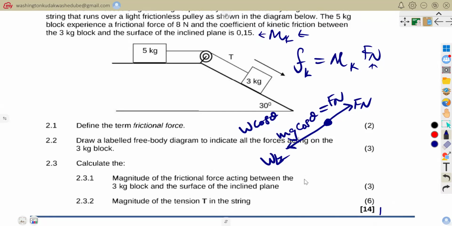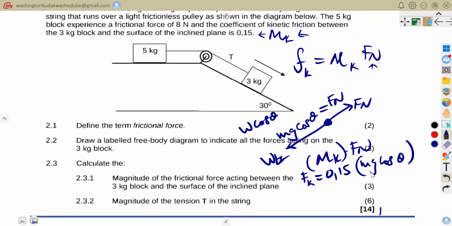So the frictional force Fk would be equal to 0.15, your kinetic coefficient of friction, times your normal force. Your normal force here would be mg cos theta, where our mass is 3 kg, times 9.8 times cos 30. And then this will be multiplied by 0.15 to give us our kinetic frictional force.